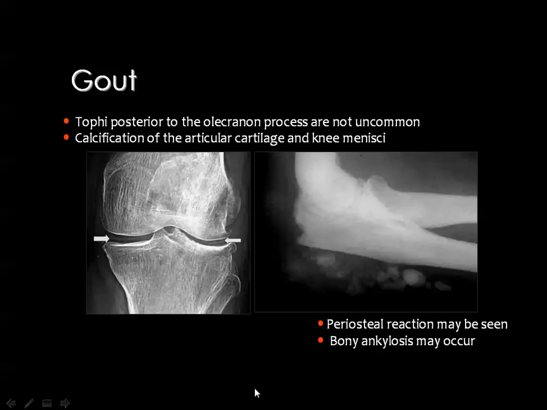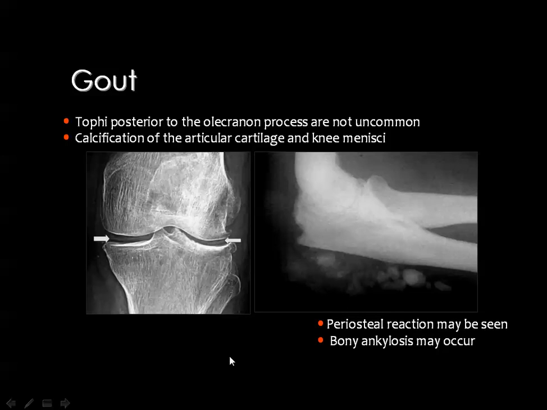As you can see in this example also. Then gout may deposit crystals near the olecranon, and this is one of the known sites of crystal deposition in the upper limb, and also there may be calcification of the articular cartilage and the meniscus as well, which have a similar manifestation to pseudogout.